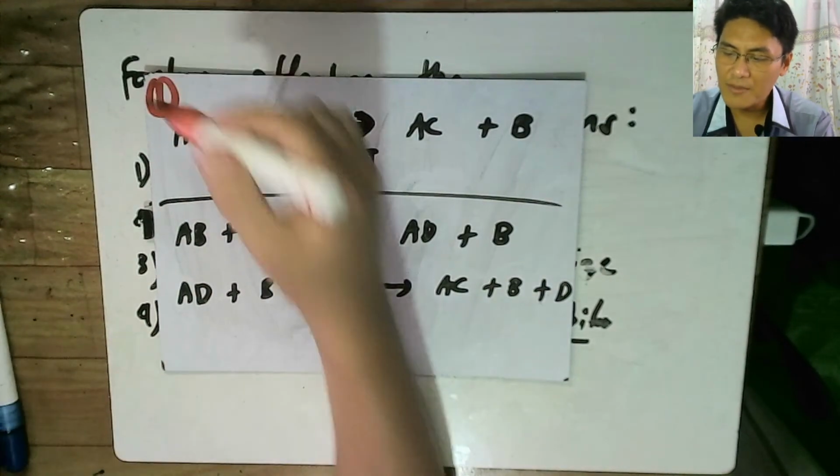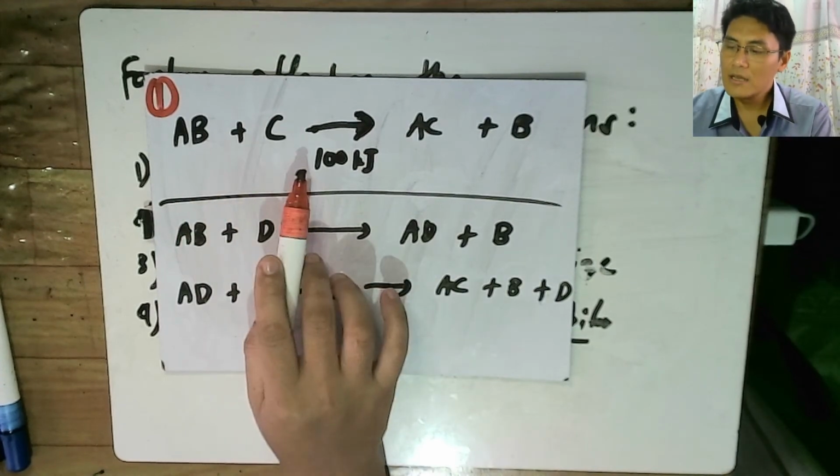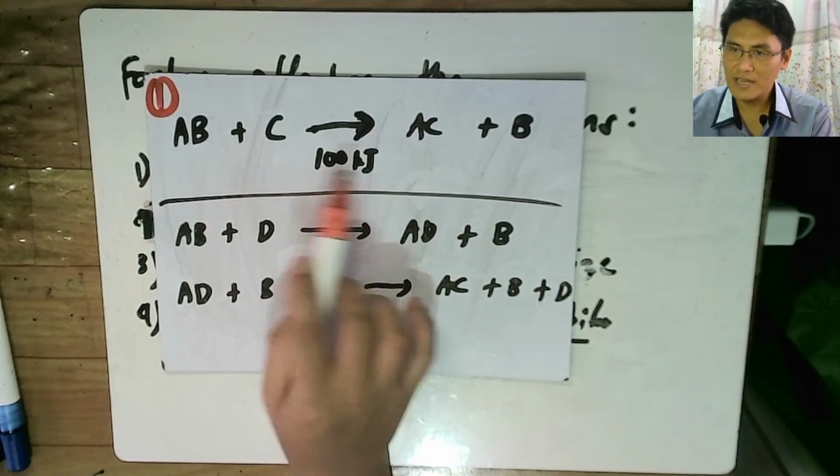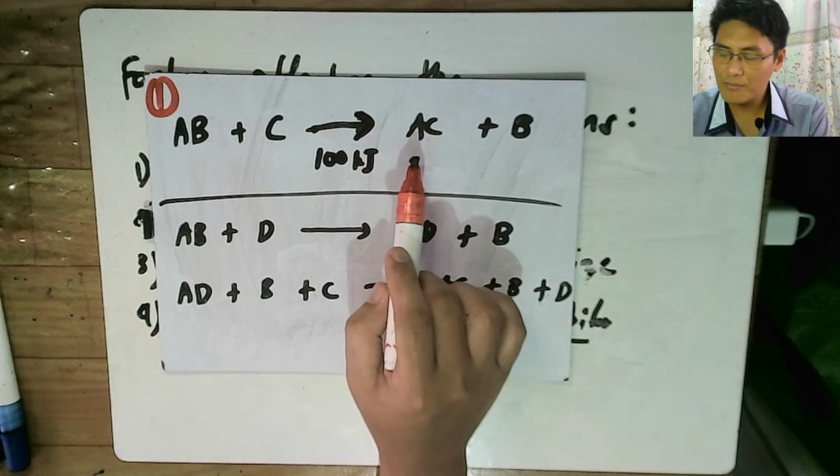The first chemical reaction is AB plus C. You need 100 kilojoules of activation energy for it to proceed and form AC plus B.